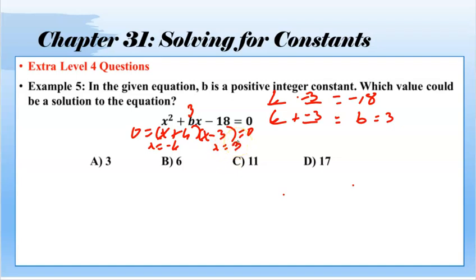So which is one of the solutions to the equation? This would have to be letter A, which would be 3. Actually, we found that b would be 3 here. So that would be our solution for that one.